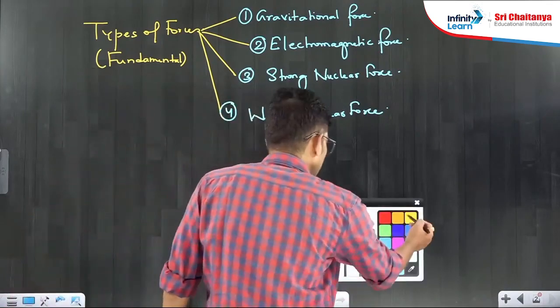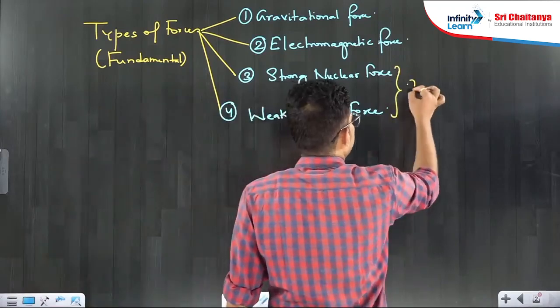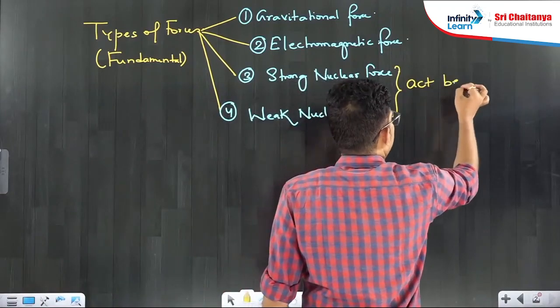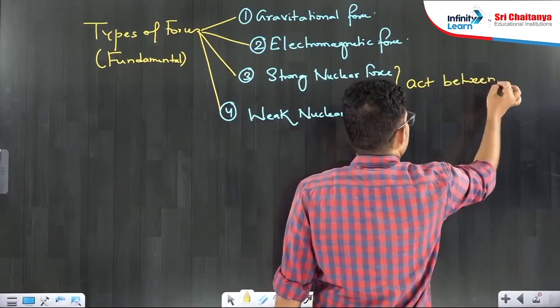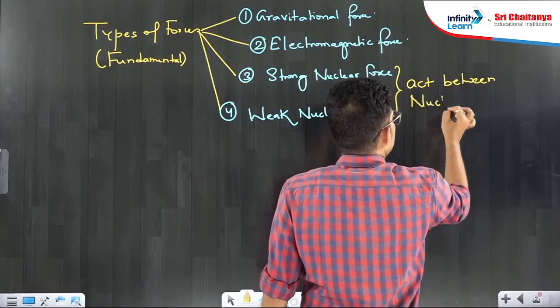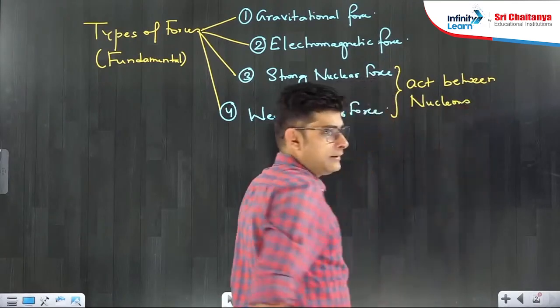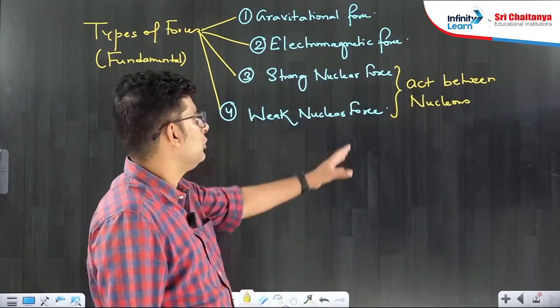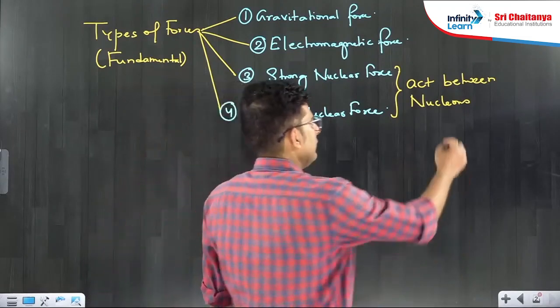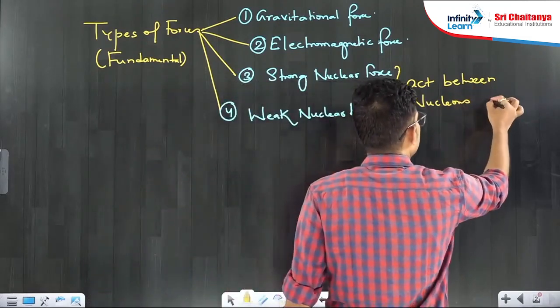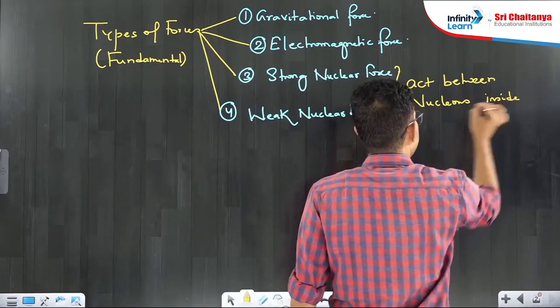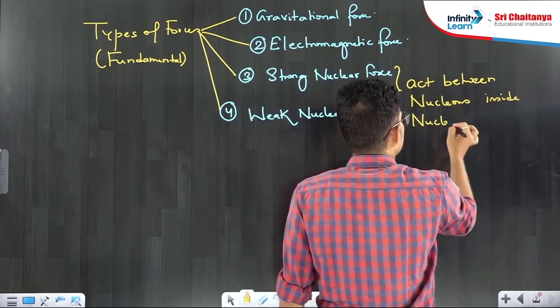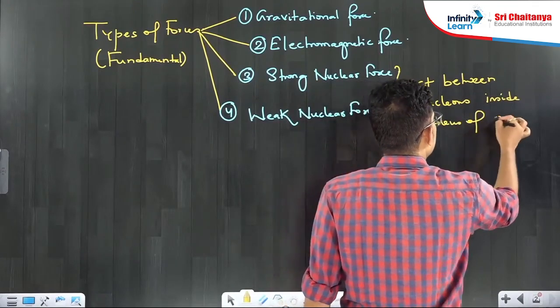When we talk of these two forces, these act between the nucleons. Do you all know what nucleons are? Please respond fast. So they act between nucleons inside the nucleus of an atom.